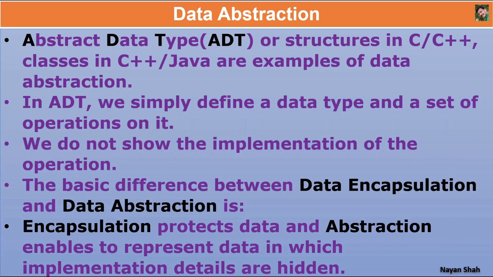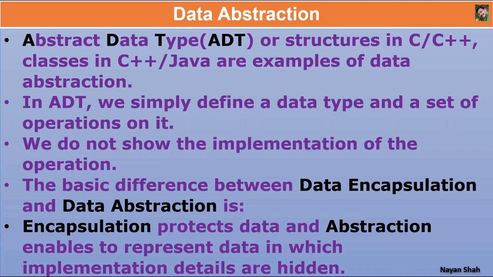Further in data abstraction, there is one full form you need to remember, that is abstract data type, ADT. Structures in C, C++, or classes in C++ and Java are the best examples of data abstraction. When we create a class in Java, we define everything in that class.